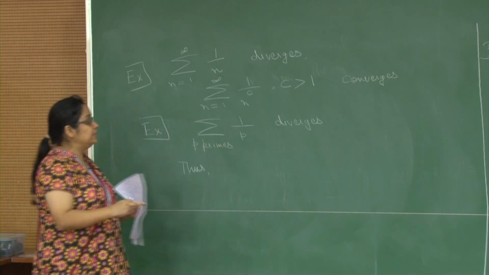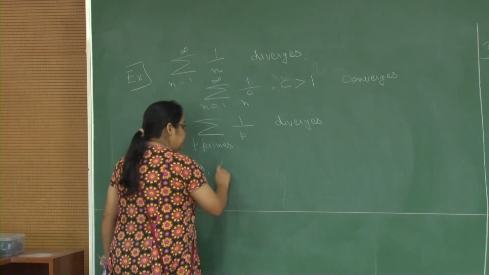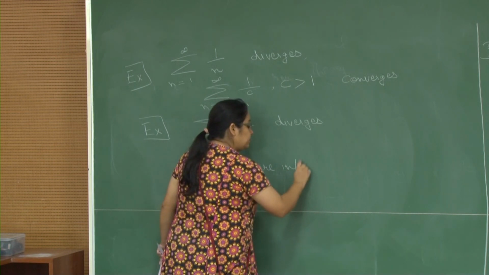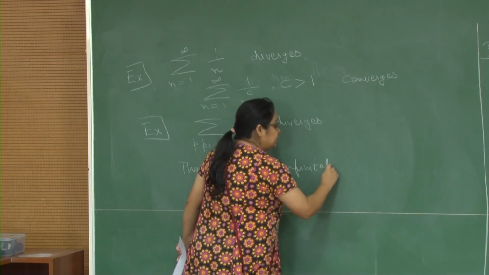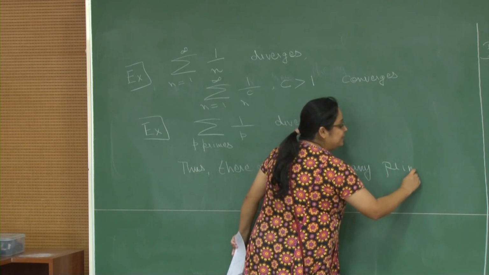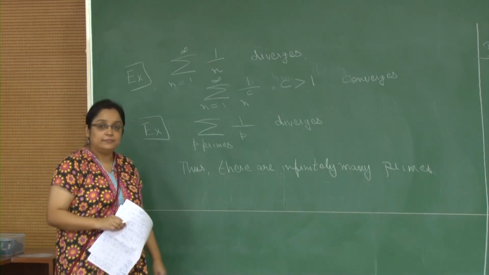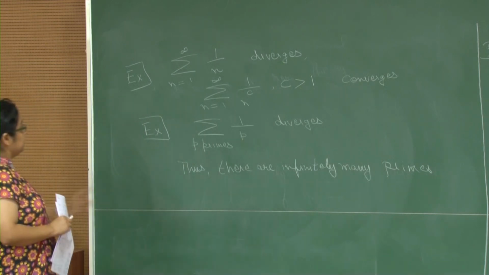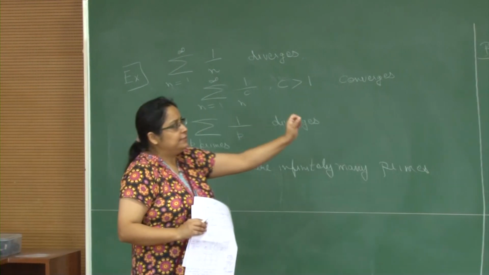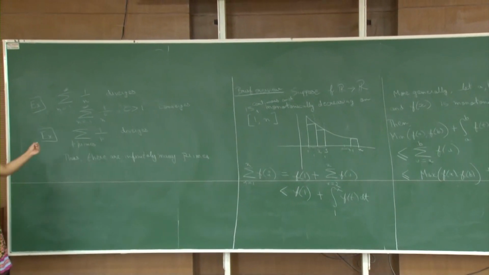In other words, this is an analytic way of viewing the fundamental fact that there are infinitely many primes, because had there been just finitely many primes, this sum would have converged. All right. So, we will discuss this more. So, even with such an elementary technique, we have derived a very beautiful fact, namely the infinitude of primes.